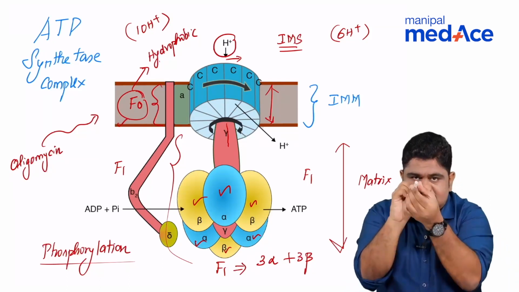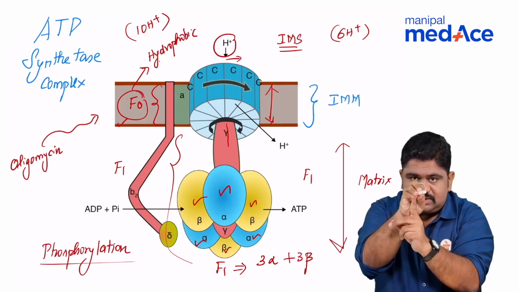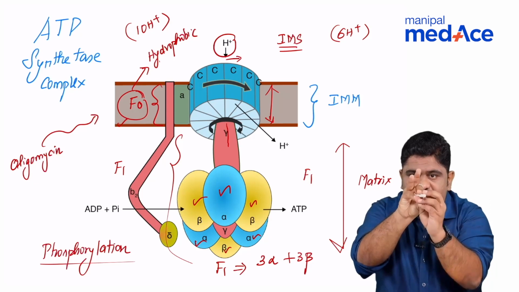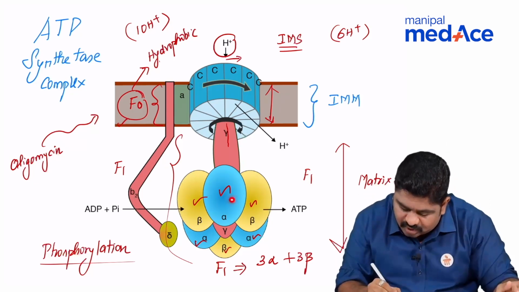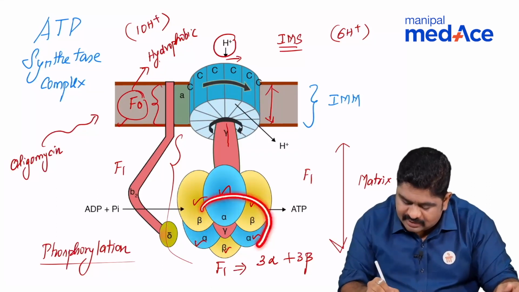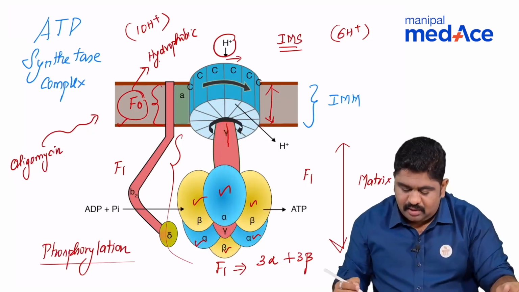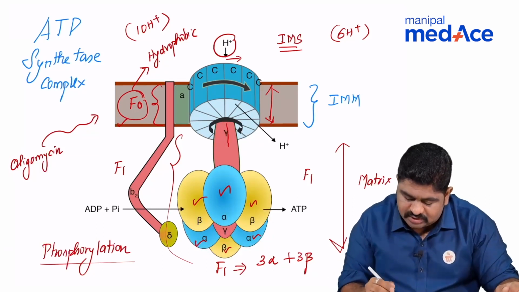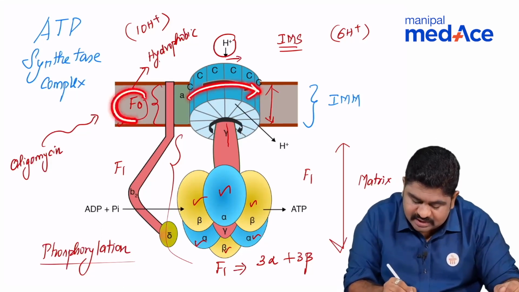So if this is the stack called gamma, you will have other proteins like this, alpha, beta, alpha, beta, another alpha, another beta, in alternating fashion, while the gamma has extended from here till here. So you will be able to notice the rotating portion will be this fixed portion called FO.